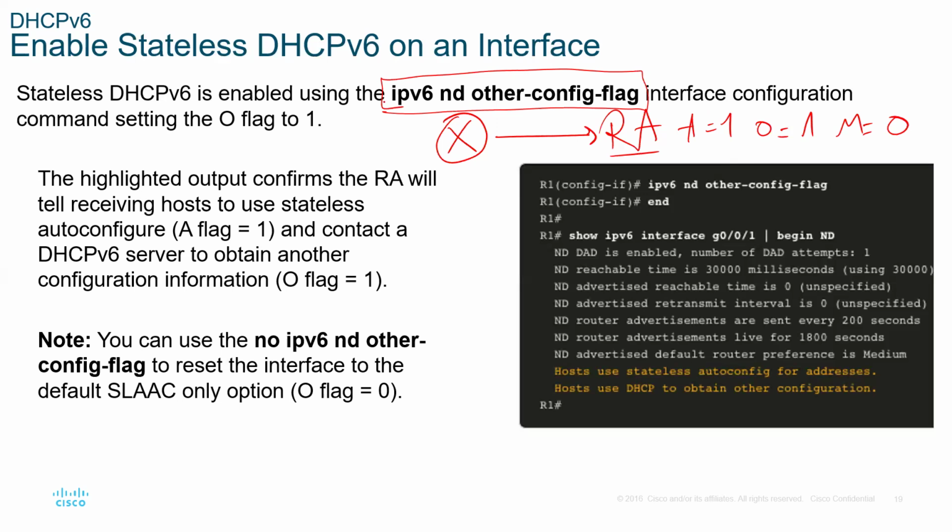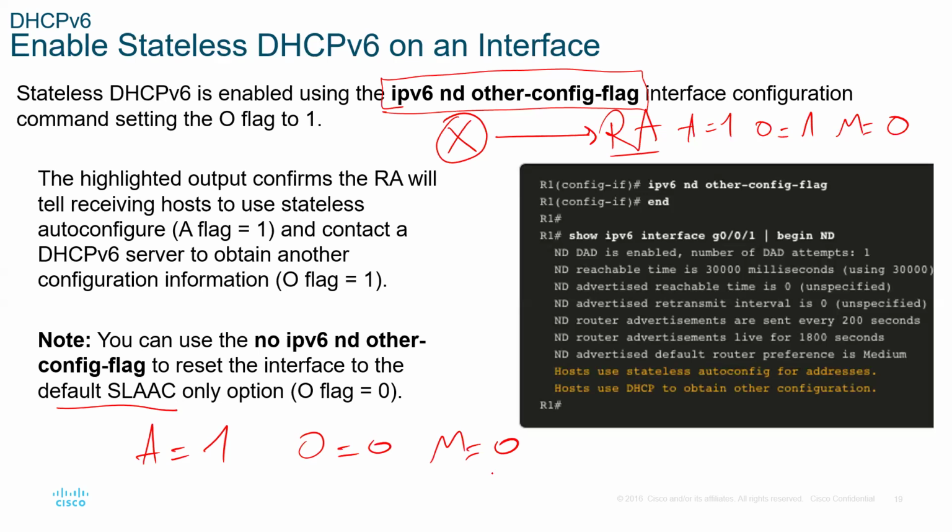By default, routers in general use SLAAC, meaning A equals 1, O equals 0, M equals 0. That is what it uses by default.